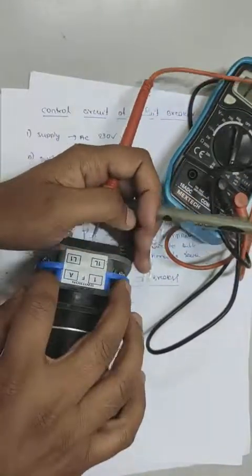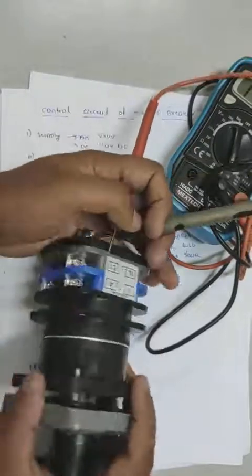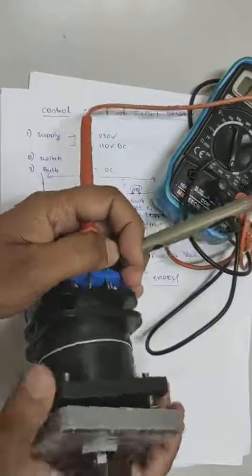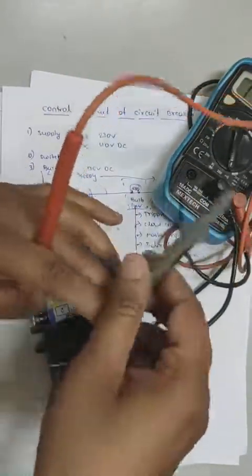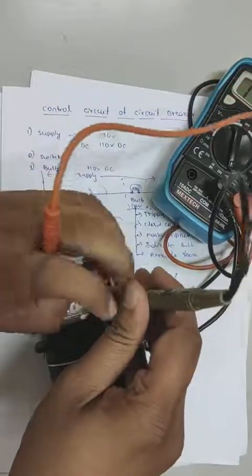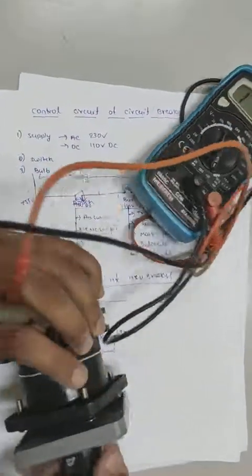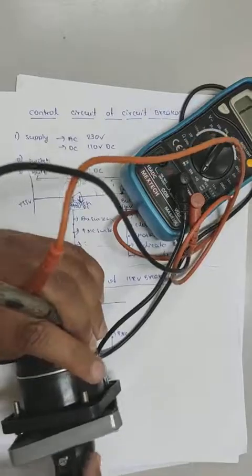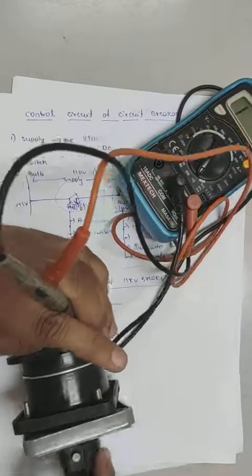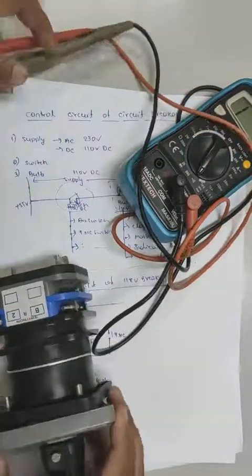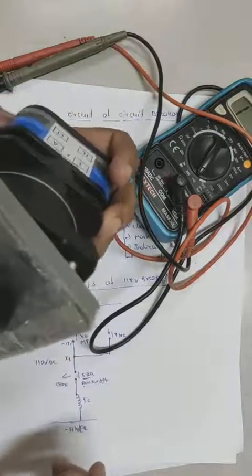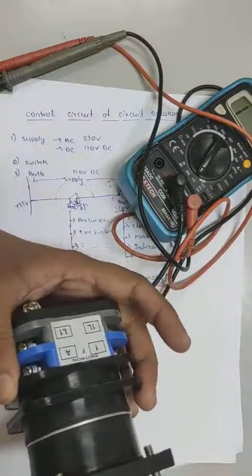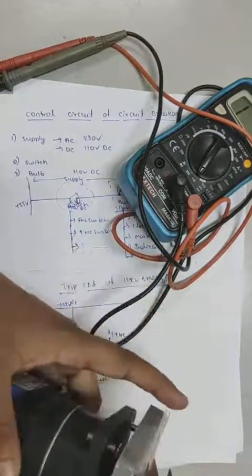So 1 and A are the trip contact. Likewise 2 and B are the close contact. So this is the TNC switch which is used to trip the breaker or close the breaker.